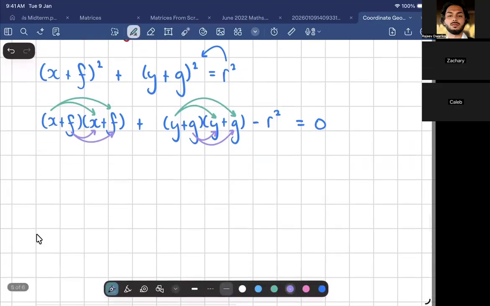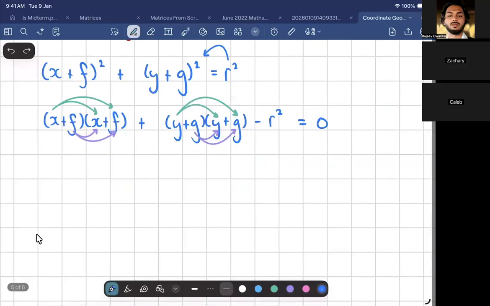Next thing we're going to do is actually do the multiplication. So Caleb, you'll help me with this one, and Zachary will help me with this one. Caleb: x squared plus x f. Think about how you usually write your terms.